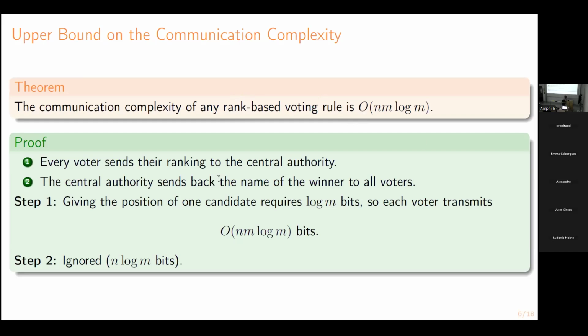Yes? Can you tell a bit more what communication complexity means in this case? I mean, is it just the representation of the information? Yes. Because I don't understand why this is an upper bound, because if any voter just needs to send its own ranking, and you have a channel between any voter and the central authority, every voter just needs m log m, because it only needs to send an ordered list of preferences.